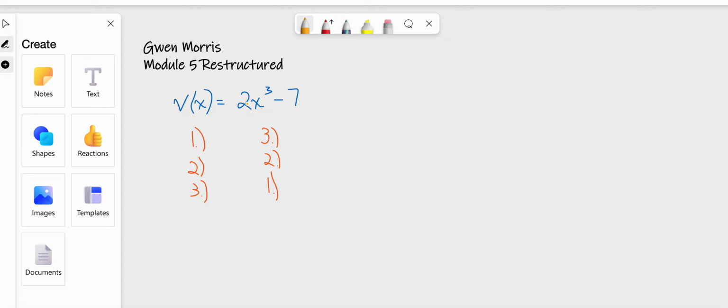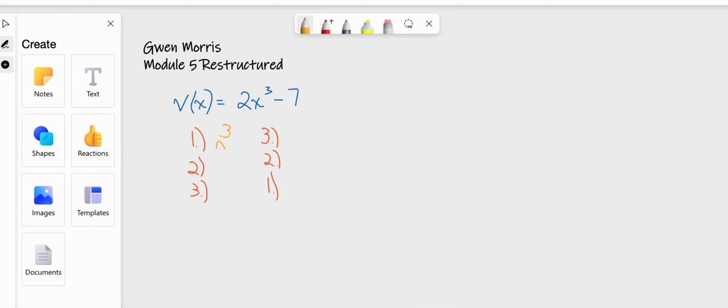So v of x equals 2x cubed minus 7. The first operation being performed on this x is that it's being raised to the power of 3. I'm going to draw a little caret to the third. This is a little weird the way it does it, but caret to the third.